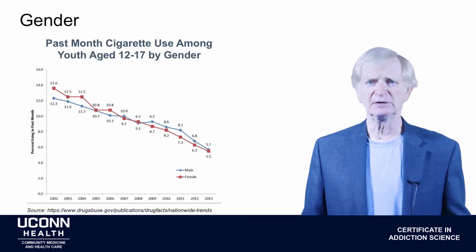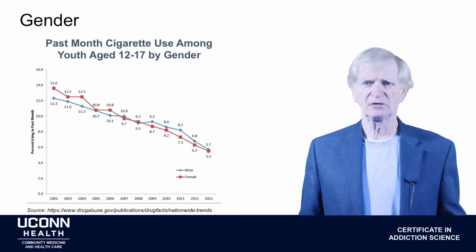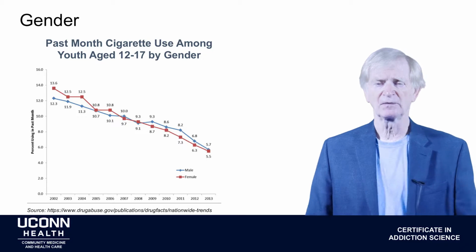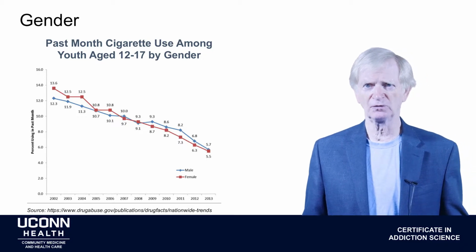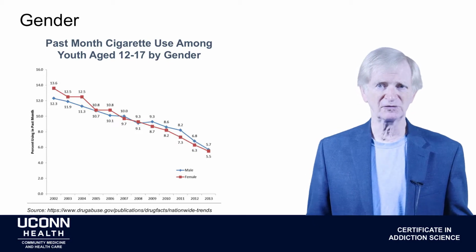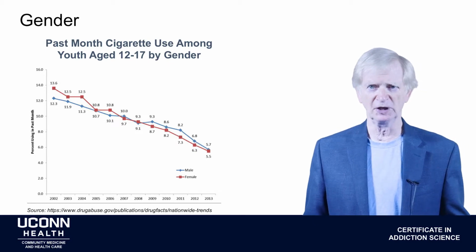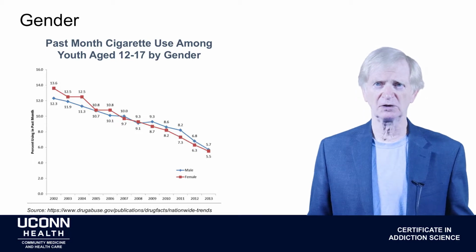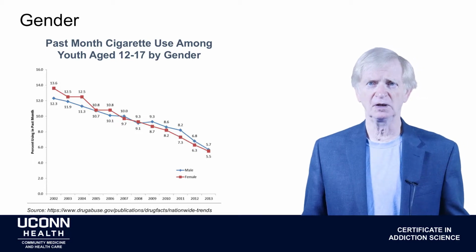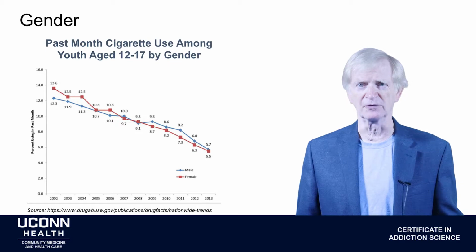Here's another indication of how sex and gender need to be monitored over time. You would want to disaggregate according to gender in order to study trends, in this particular case of cigarette smoking during the past month.